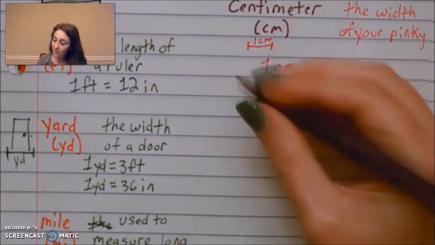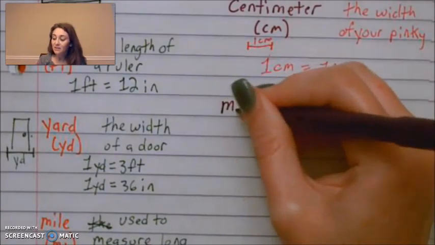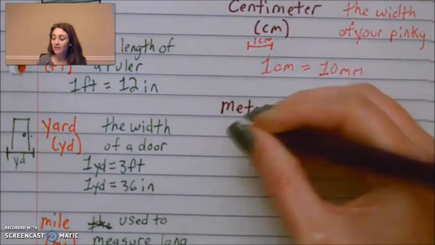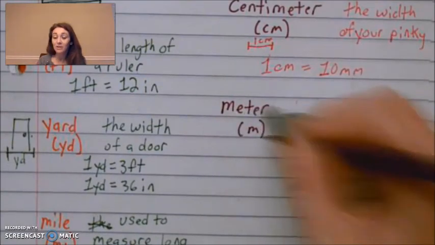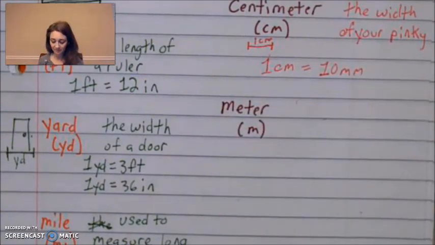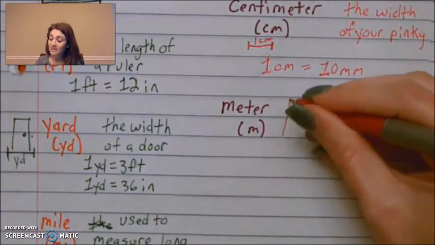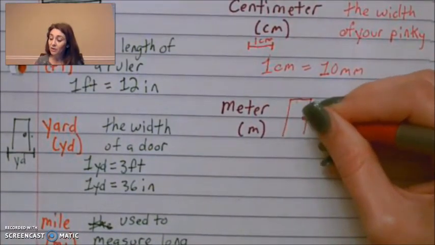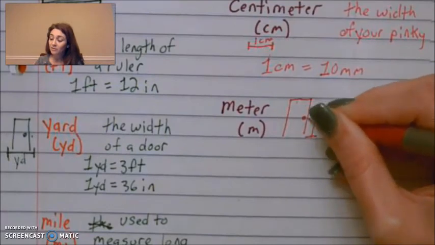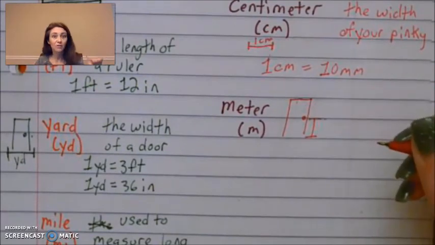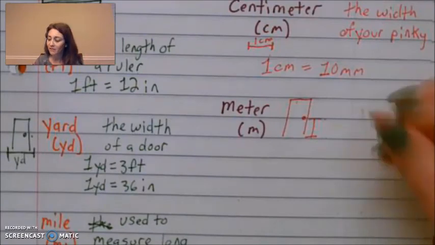Okay, after centimeter, we go to a meter. This is considerably bigger than a centimeter. The abbreviation is M. Okay, a meter is about the distance from the floor to the doorknob. So you can kind of go over, I looked over at my door. You can't see my door. You look over there for that.